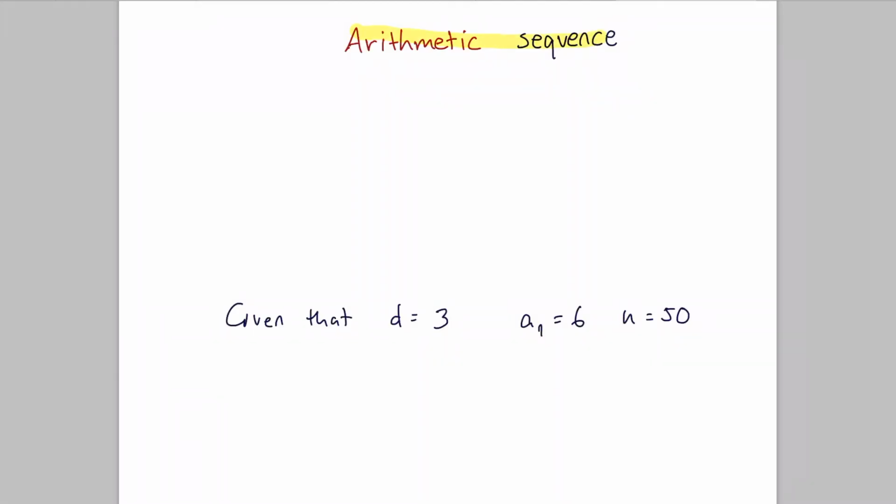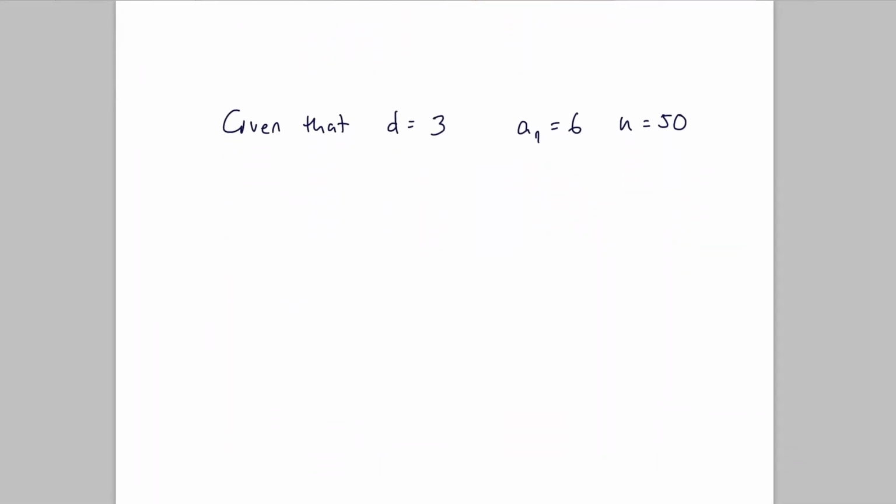Lesson 3. Arithmetic sequences. So, I'll teach you how to find an. The formula is an equals a1, which is the first term, plus (n minus 1) times d, which is the common difference. Let's do some questions together.